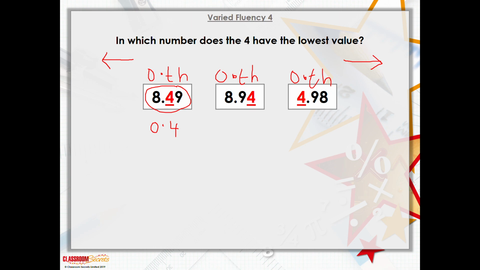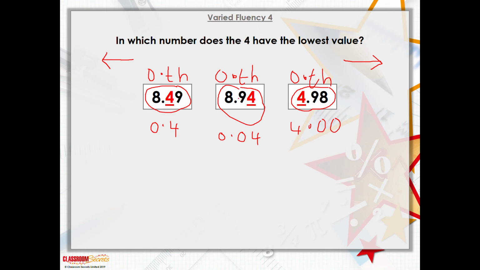In this example, the second one, the middle one, I'm going to circle it. Our value is actually 0.04. And in our third example, the value of 4 is actually 4.00, which is just 4 ones.